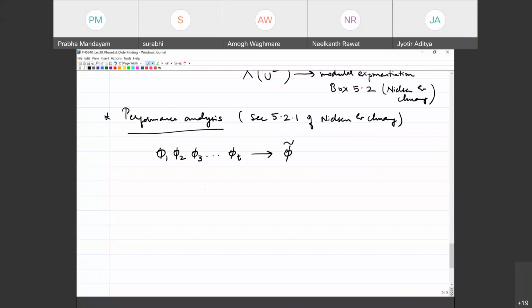So the question is, how close is phi tilde to phi for a given size T? Okay, and this is the statement that suppose you want to estimate, so let me say this is phi tilde, which is close to phi.